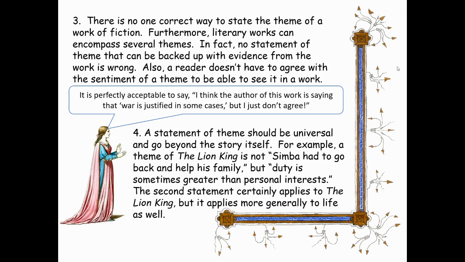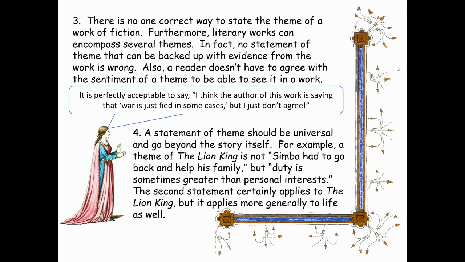And also, a statement of theme should be universal and go beyond the story itself. For example, a theme of The Lion King is not Simba had to go back and help his family. That relates just to The Lion King. That relates just to Simba. But a theme is more universal. So I might say duty is sometimes greater than personal interest. So that relates to anyone, right?